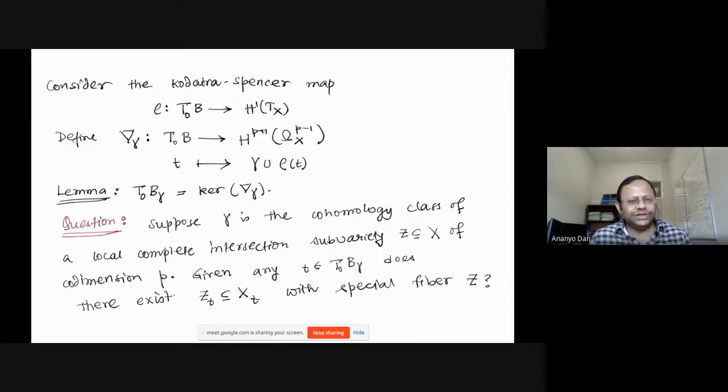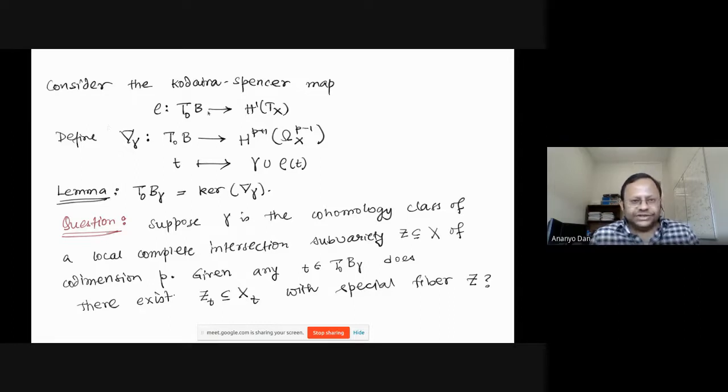It corresponds to all the tangent vectors in B. And what do all the tangent vectors in B correspond to? They correspond to all the first order infinitesimal deformations of the special fiber X that are captured in this family over B. And this H^1(T_X) is the universal object in some sense, which captures all the first order infinitesimal deformations.